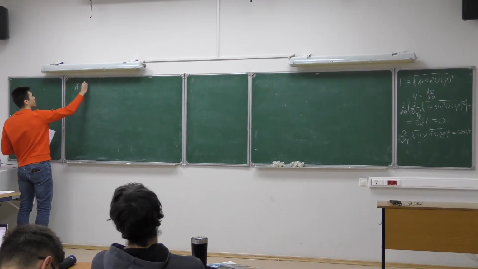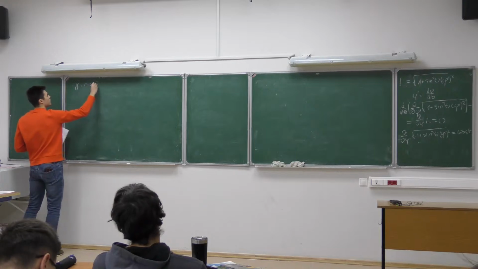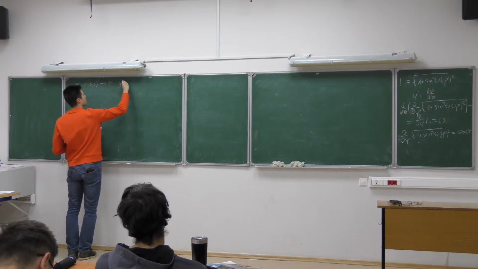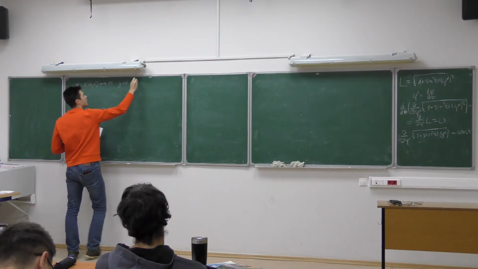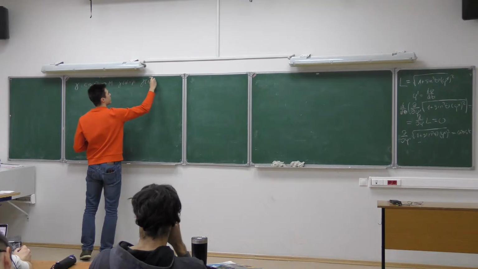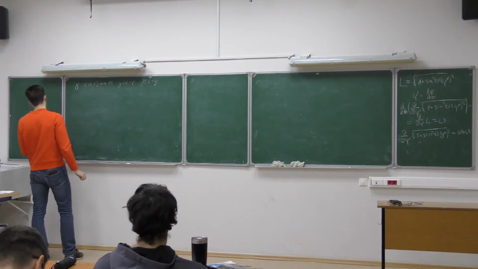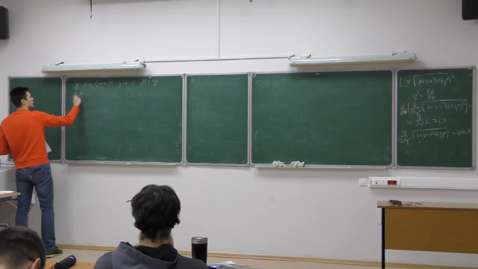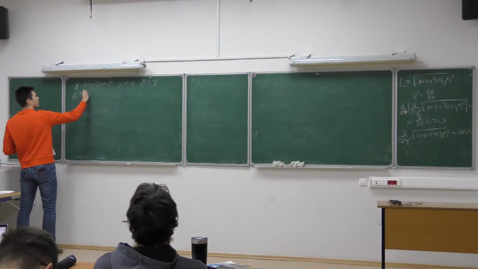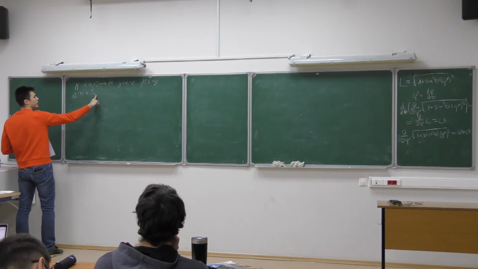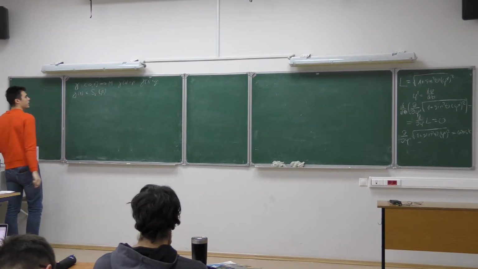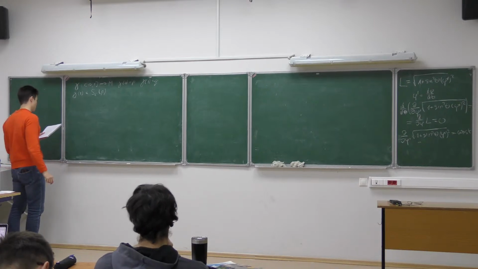We have a curve from 0, 1 to M, and we have the initial conditions. And then we can say that gamma of 1 lies on the sphere with radius epsilon and center p, which means that the distance between them is epsilon.